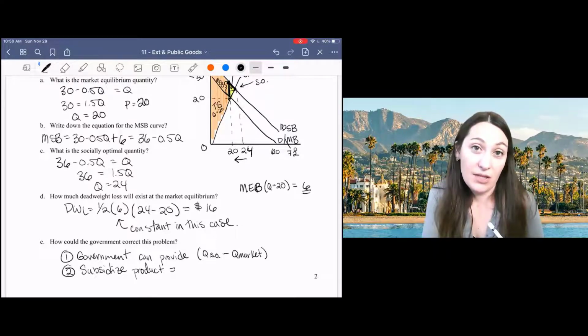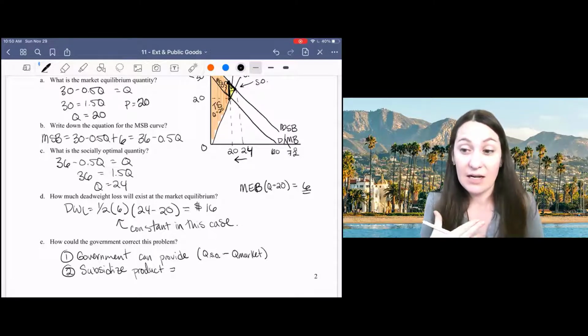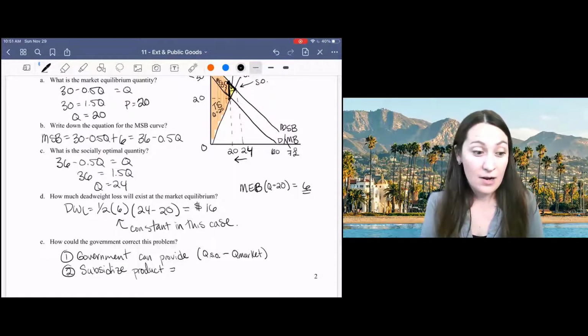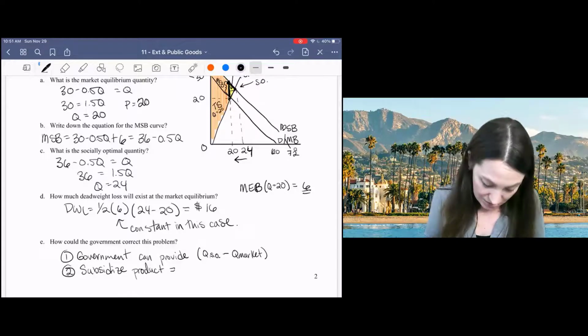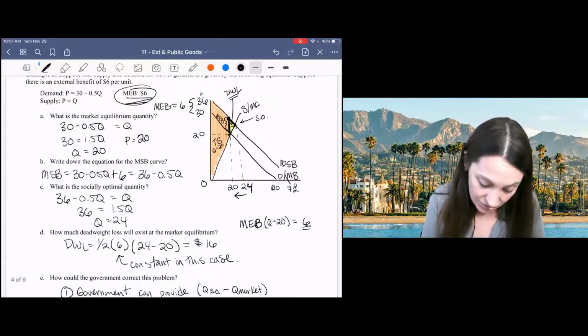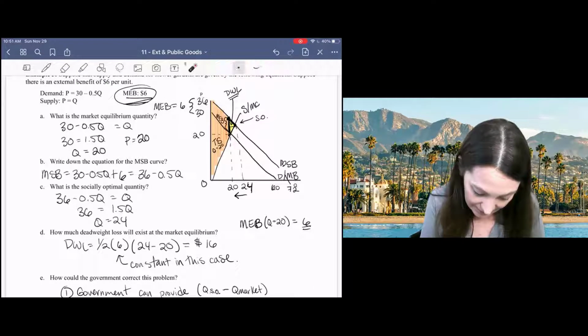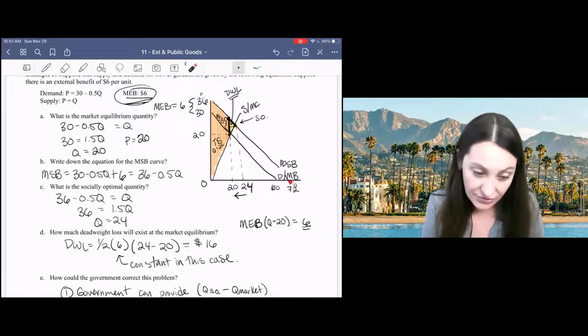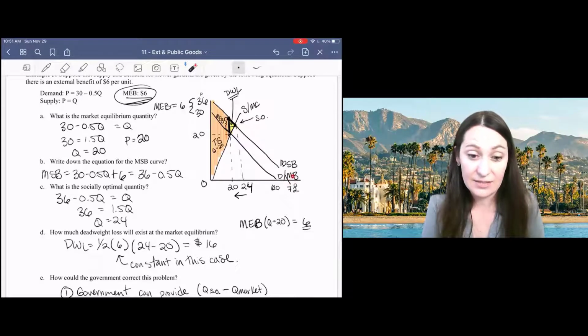So the government subsidizes vaccination and preventative medical care to achieve the socially optimal quantity. Because again, we don't want to just offer it for free necessarily, because this is not socially optimal. What we want to do is just move from a quantity of 20 out to a quantity of 24.